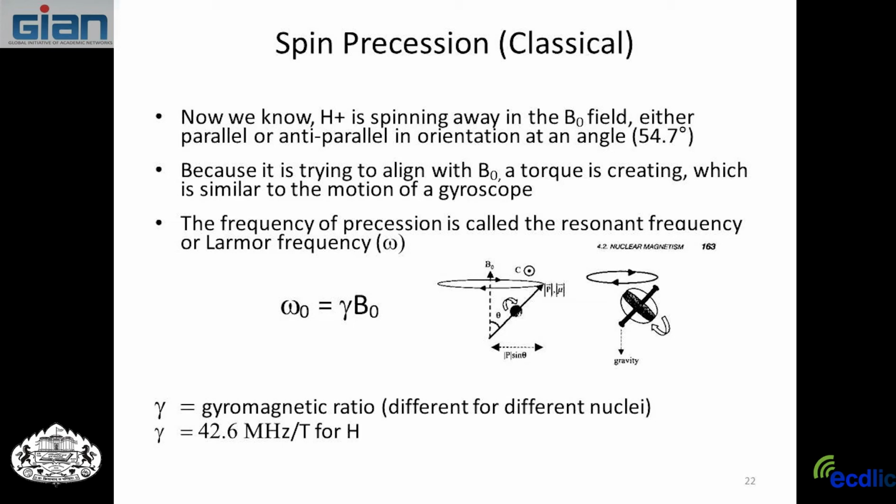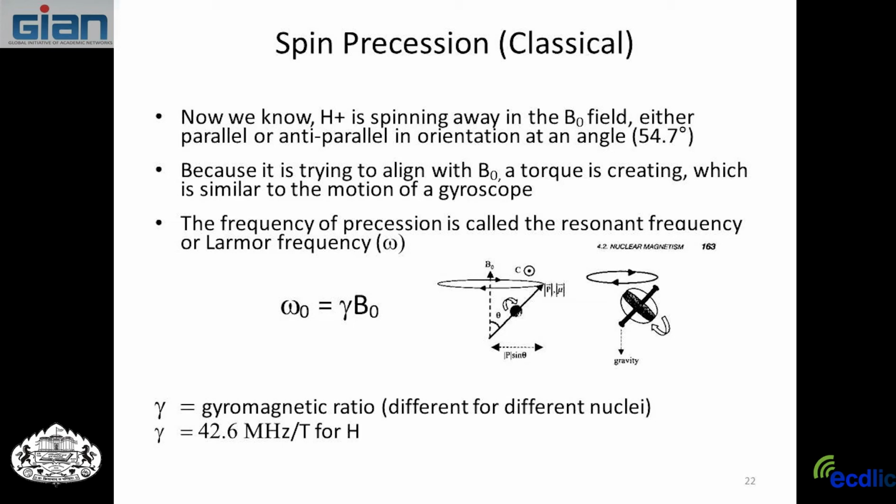And the frequency at which they're spinning is called the resonant frequency or the Larmor frequency. So the equation here: the frequency at which our atoms are spinning is equal to what's called a gyromagnetic ratio, and this is a tissue or molecular dependent property.